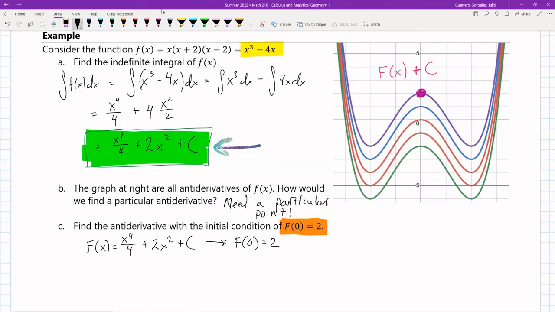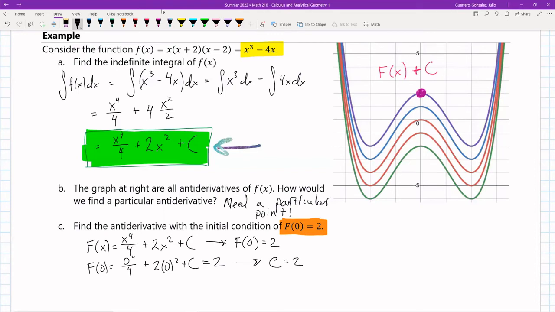So that means big F of 0: 0 to the fourth over 4 plus 2 times 0 squared plus c has to equal 2. And this tells us that c has got to be equal to 2.